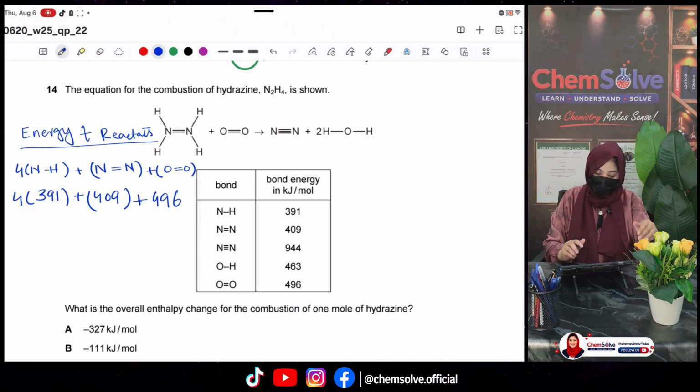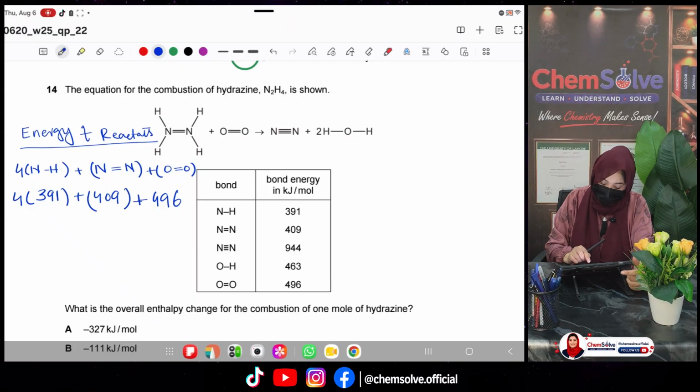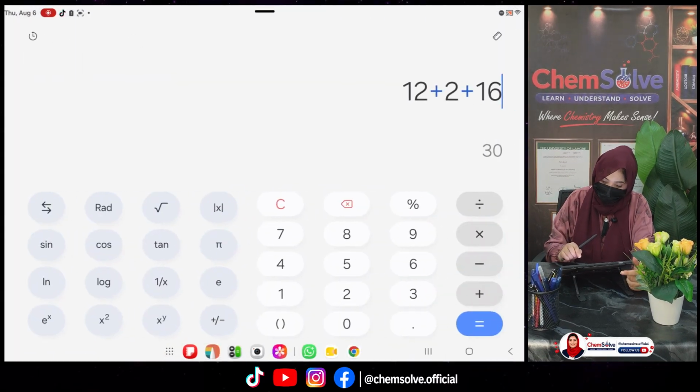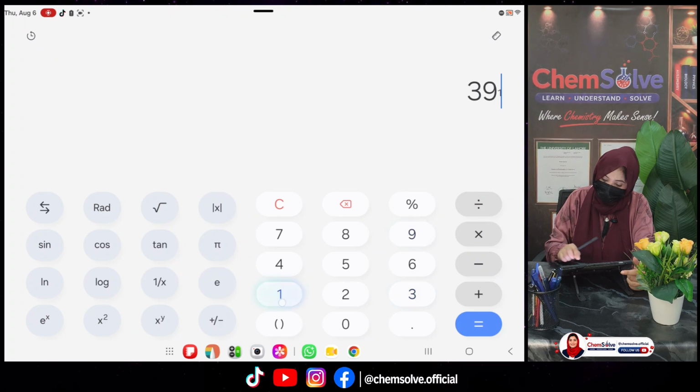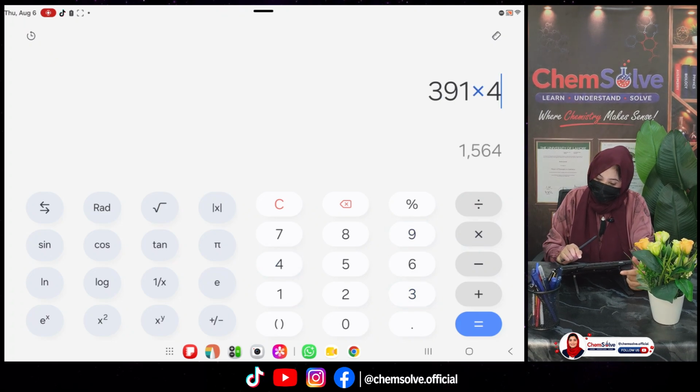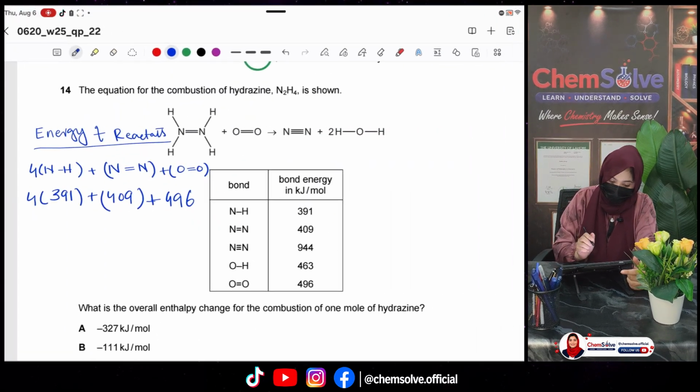496. Let's calculate it. 391 multiplied by 4 is 1564.